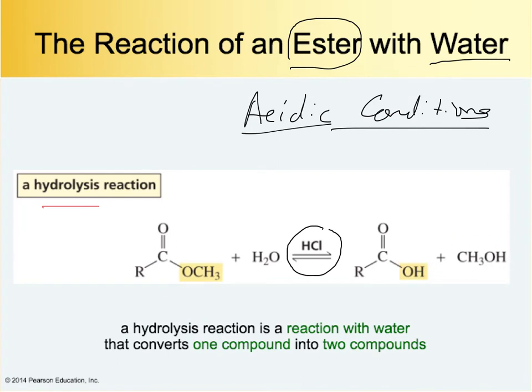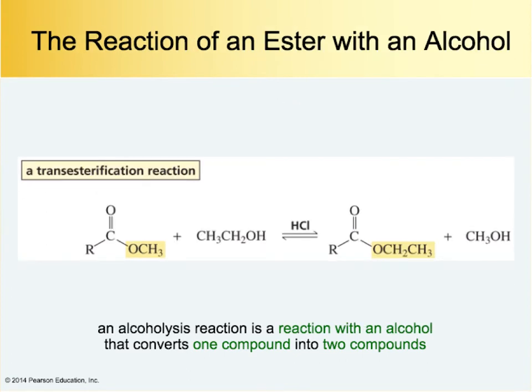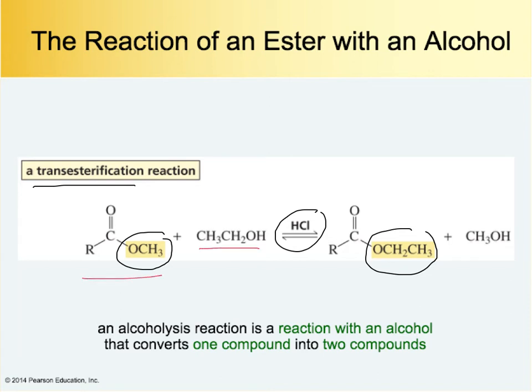So we're going to hydrolyze this ester. A hydrolysis reaction turns an ester into an acid. That's what a hydrolysis reaction is in this case. Another type of reaction with an ester and an acid is something called a transesterification. This is essentially a do-si-do of esters, where we react an alcohol with an ester, and we get a new ester and a different alcohol.